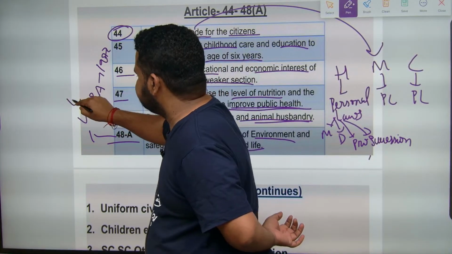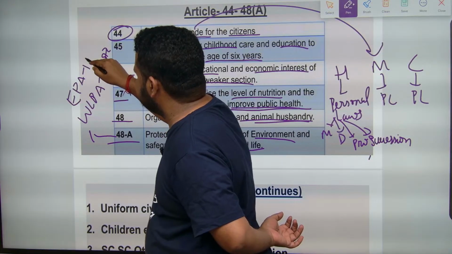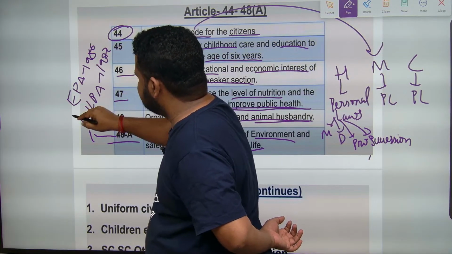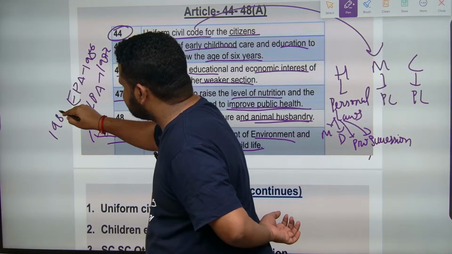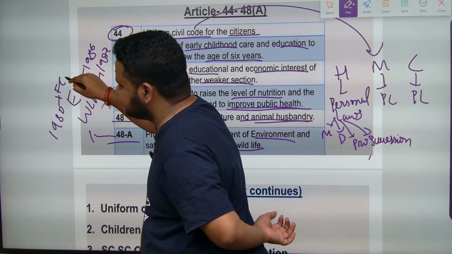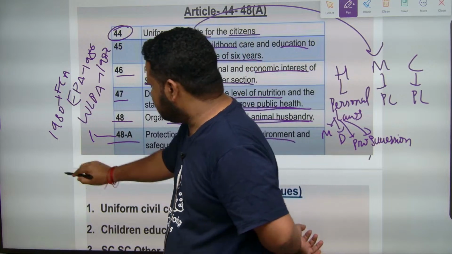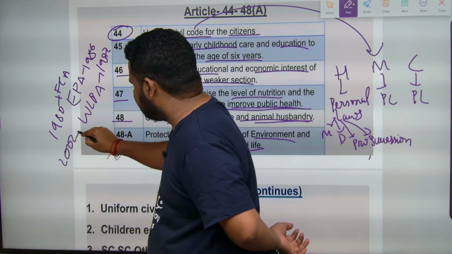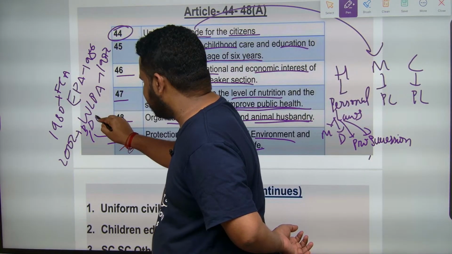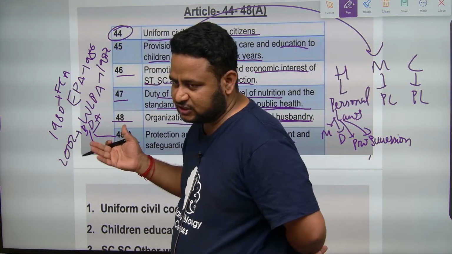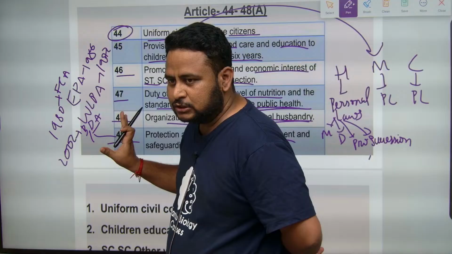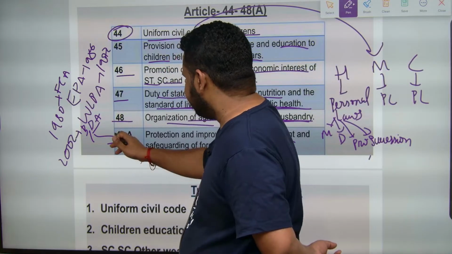Environment Protection Act 1986. Before that, there was the 1980 Forest Conservation Act. Now, in 2002 we had what? Biodiversity Conservation Act, or Biodiversity Act, in 2002. So, these are all the acts that were passed to enforce what?